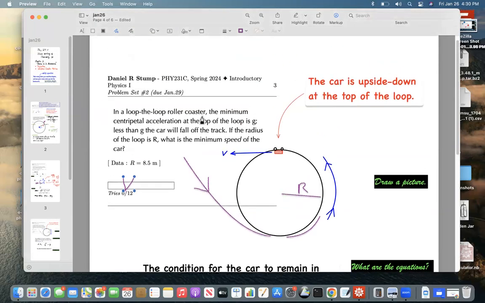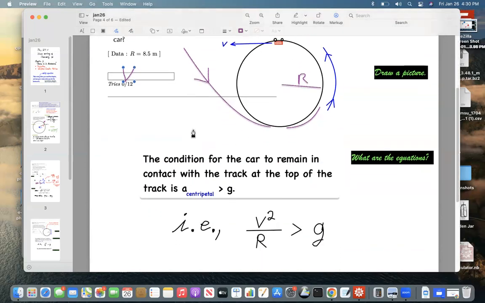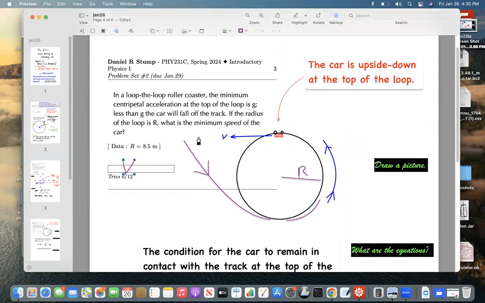And the statement of the problem tells you, we'll come back and explain this in the next chapter because it has to do with the force, that the centripetal acceleration has to be greater than g. So v squared over r has to be greater than g. g is the acceleration due to gravity, 9.81 meters per second squared.